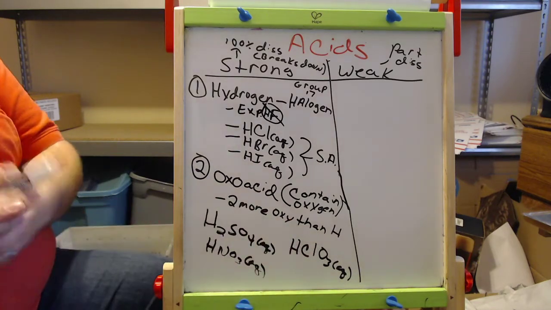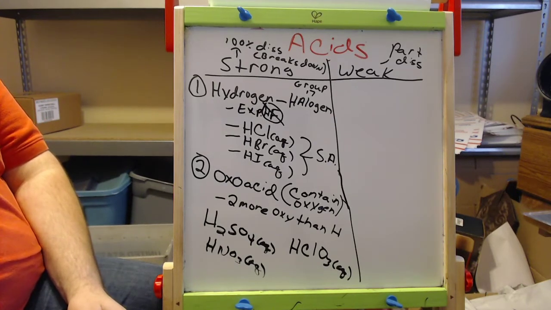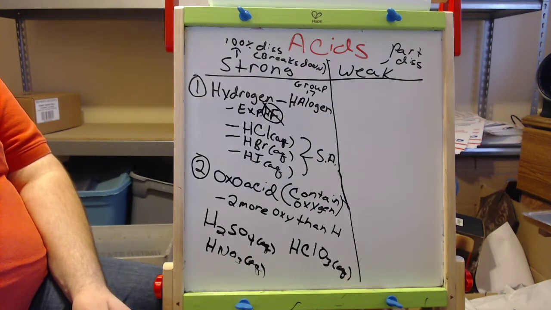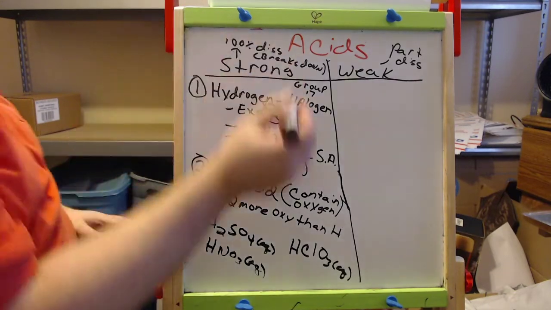As long as I have 2 or more oxygen than I do hydrogen, I'll be a strong acid. All right? Now, again, there's a lot more weak acids.